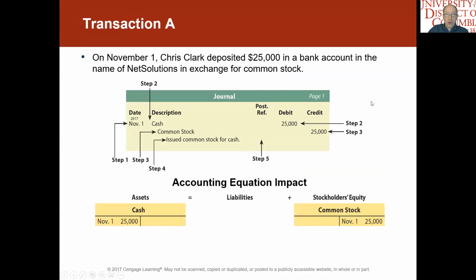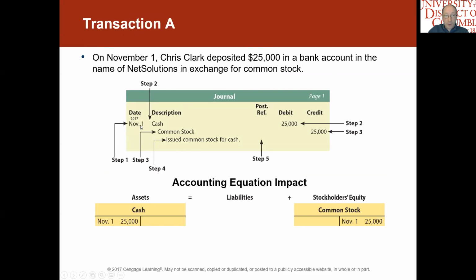And so here's an example of a journal entry. In this example, we deposited a check of $25,000 into our bank account, and we got the $25,000 from issuing common stock. As you recall, going back to our earlier slides, this was the first transaction from NetSolutions.